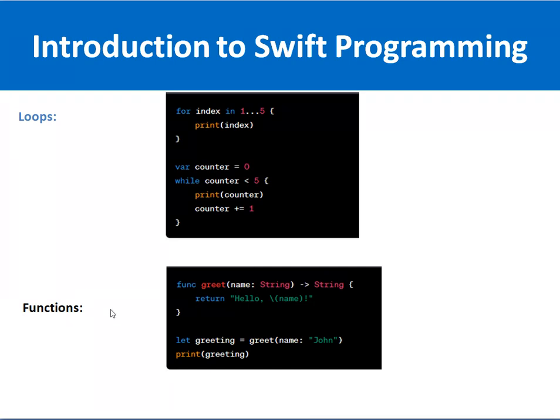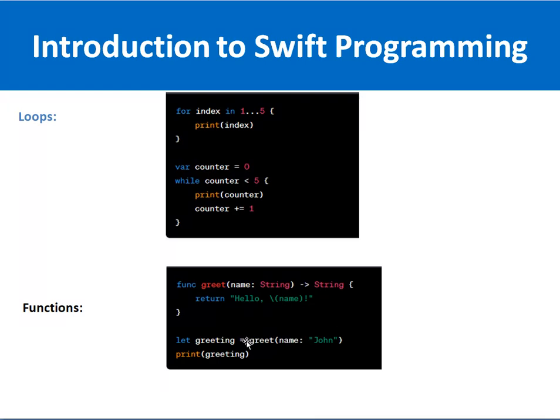Another example is a function. A function is a set of instructions, a piece of code, to perform a specific task in the program. Now, func greet(name: String) returns a String: return "Hello " plus name. How will it work? We will call greeting is equal to greet(name: "John").